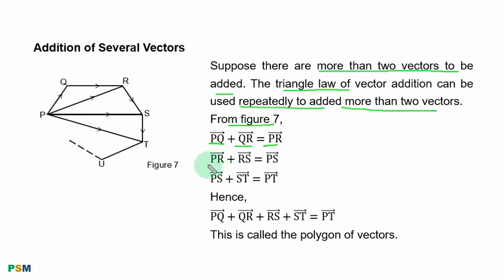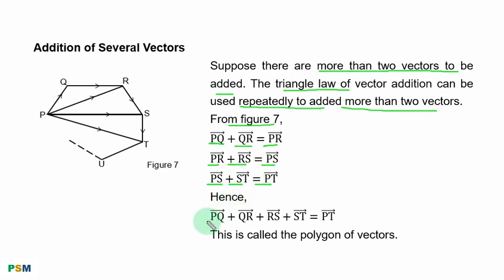Then vector PR plus vector RS is equal to vector PS. Vector PS plus vector ST is equal to vector PT.